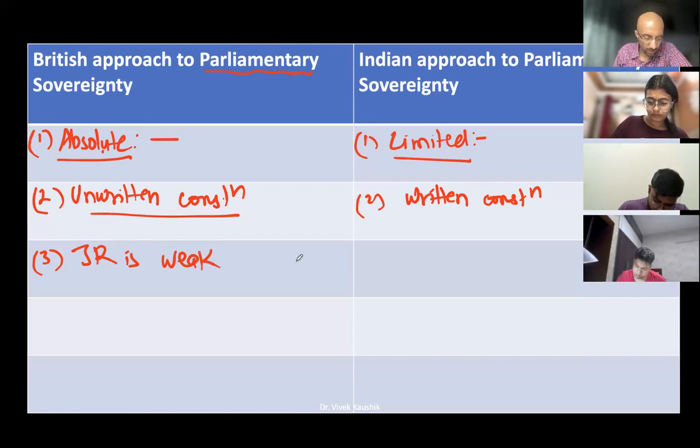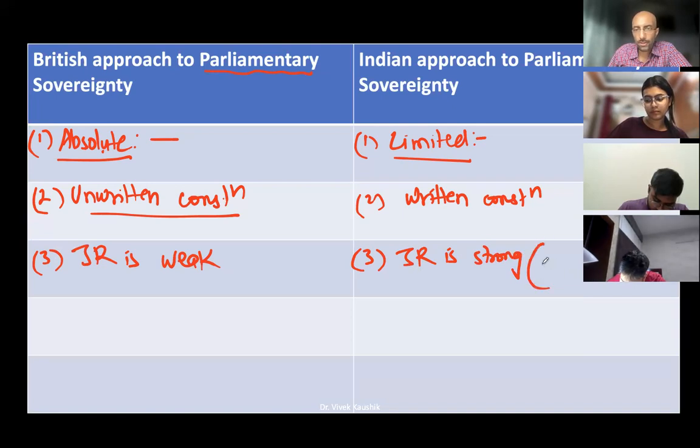And this side, third, judicial review is strong. In bracket you can write Indian Supreme Court. The Indian Supreme Court is considered more powerful than the British Supreme Court.